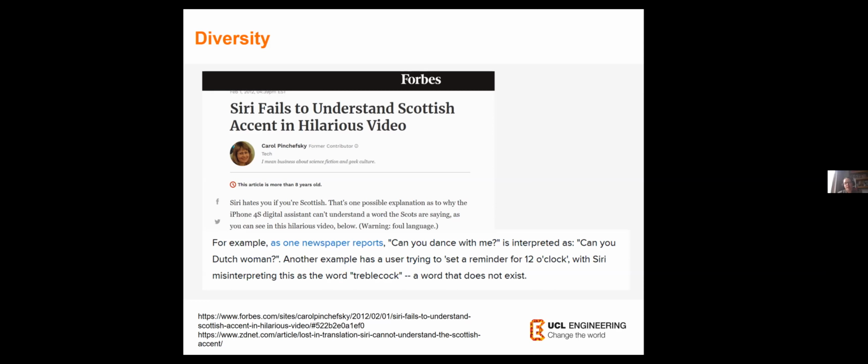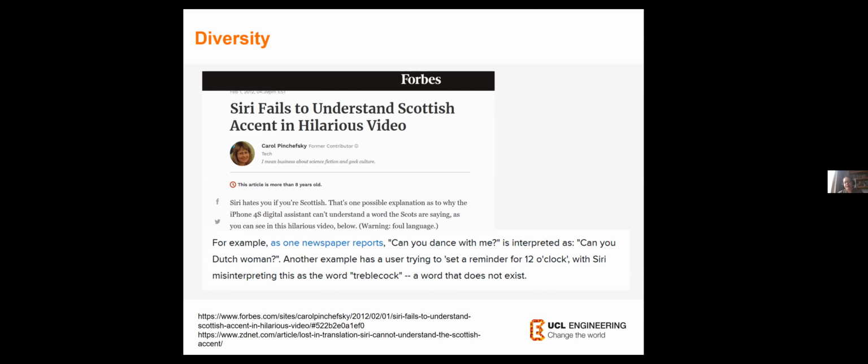And even if there are some Scottish people working for Apple, they may not have the wide range of accents that you find across all of Scotland, you know, all the different Highlands accents, Glaswegian accents, that kind of stuff.